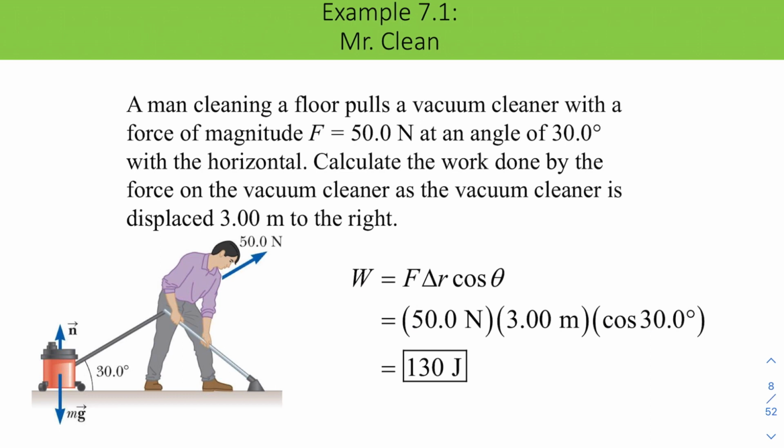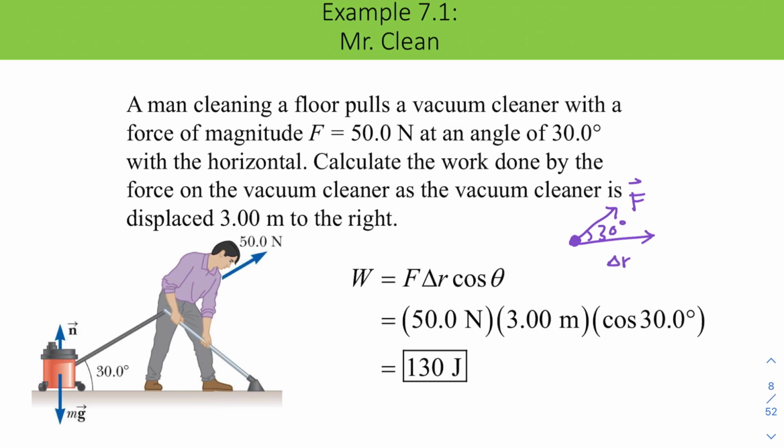So from that, we are going to use work done equivalent to F delta R cos theta, so cos 30. If you want to put a simple free body diagram of our vacuum cleaner, we have the applied force here by the man, and here is the delta R. So the angle here is 30 degrees.